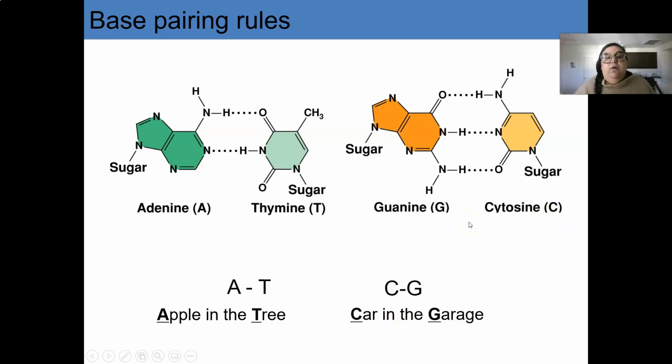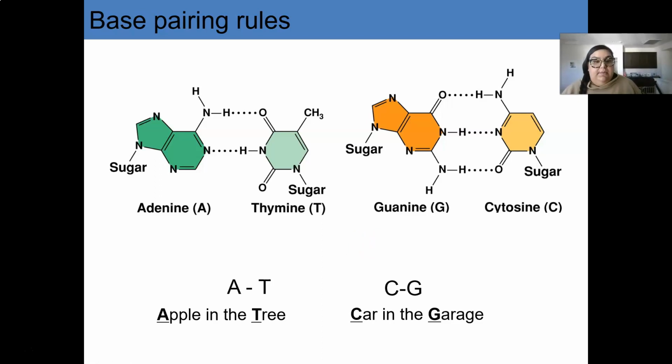So A always binds with T, or adenine always binds with thymine, and guanine always binds with cytosine, or G always binds with C. And a good mnemonic to remember that is apple in the tree or car goes in the garage. So apple in the tree, car goes in the garage.